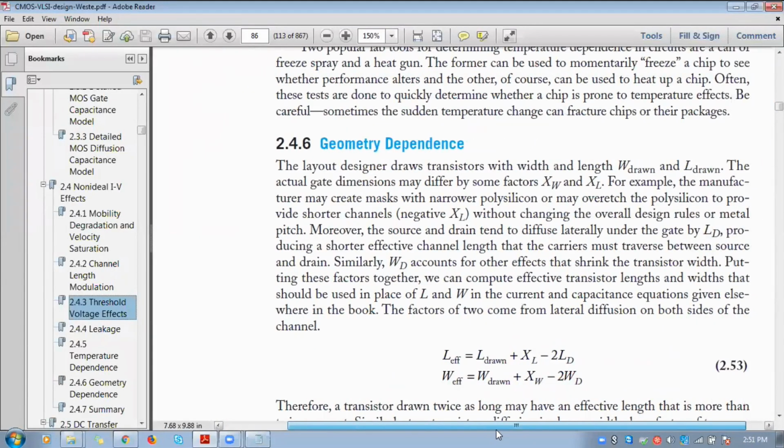Geometric dependence is the last case. The geometry of the circuit can be varied only by the designer. After designing a transistor, we can't vary the geometry. Why the geometric dependence comes into play is that we have seen the short channel and long channel effects. Both things we have explained as per the equation itself.